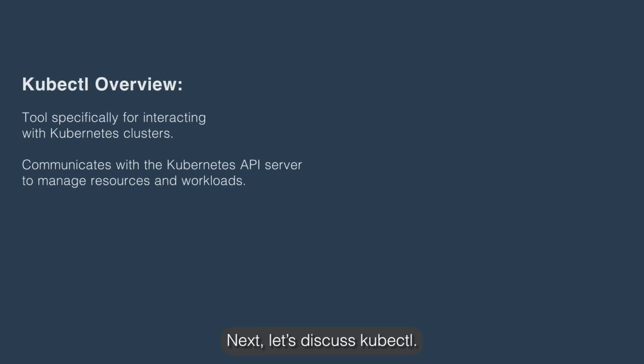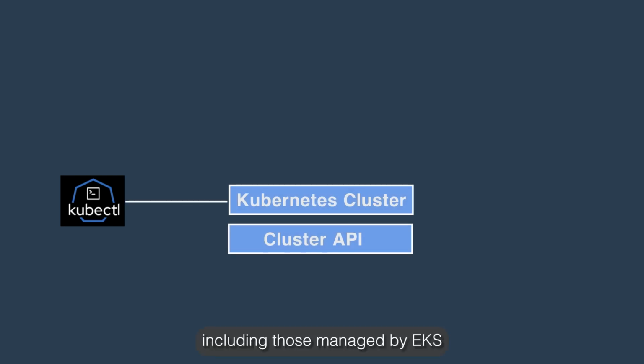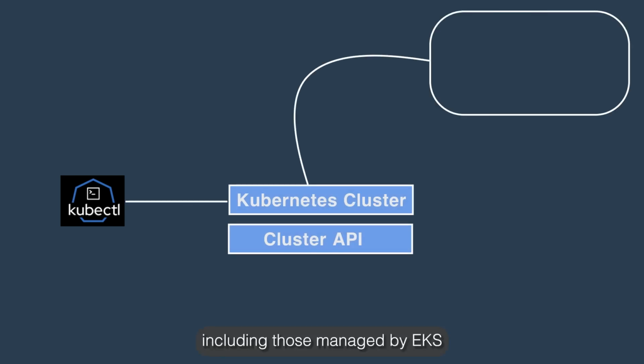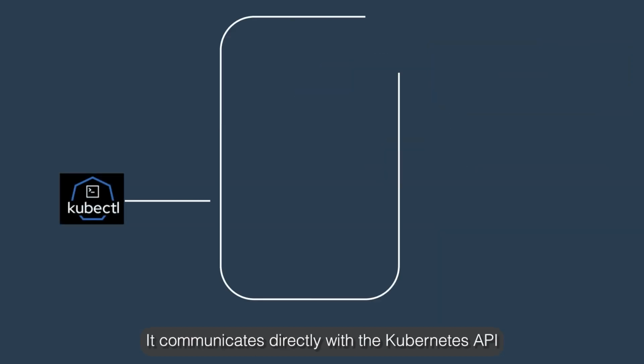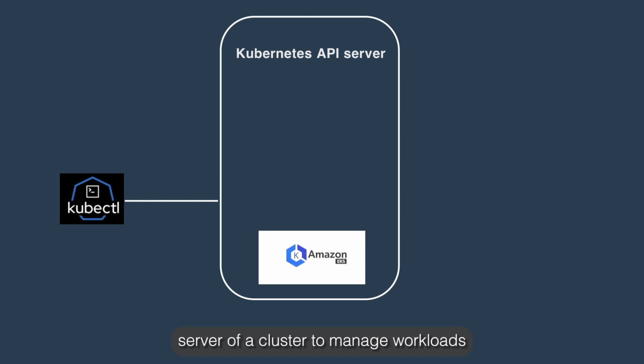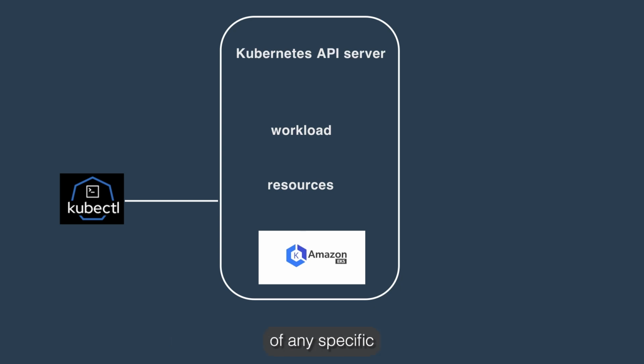Next, let's discuss Kubectl. Why do we need tools like Kubectl alongside other tools? The main purpose of Kubectl is to interact with a Kubernetes cluster, including those managed by EKS or any other cloud providers. It communicates directly with the Kubernetes API server of a cluster to manage workloads and resources, operating independently of any specific AWS products or services.